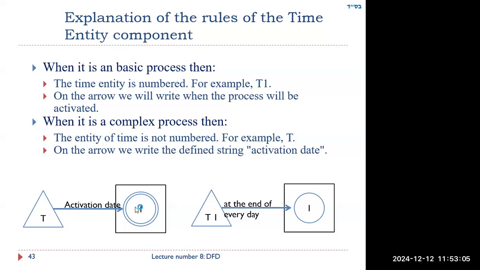So since there'll be another one, we're not going to write when the time is, we're just going to write the string. We're going to write the exact words activation date. So on DFD 0, anytime that we're pointing to a complex process, we're just going to write the words activation date. And because we know that the lower level, we'll have it again, and there we'll write what is the activation date.